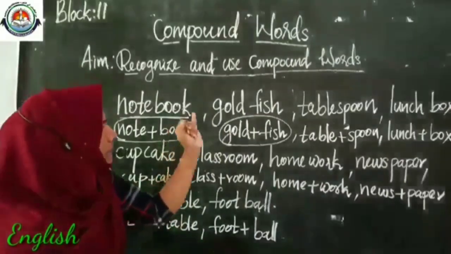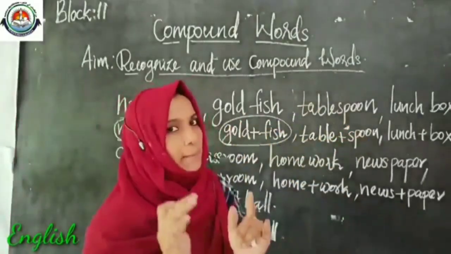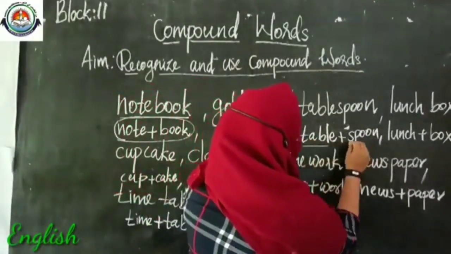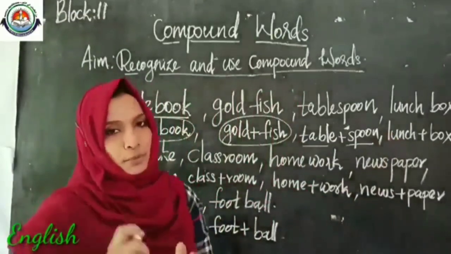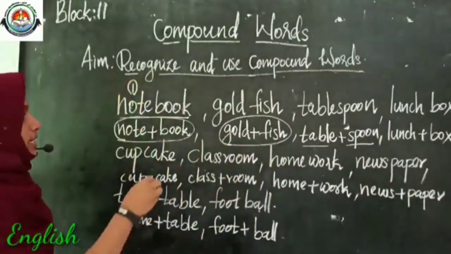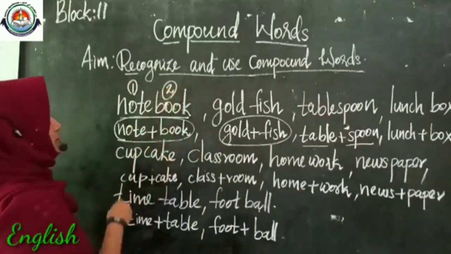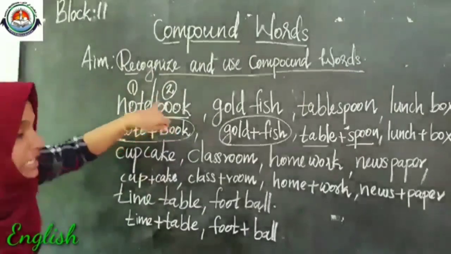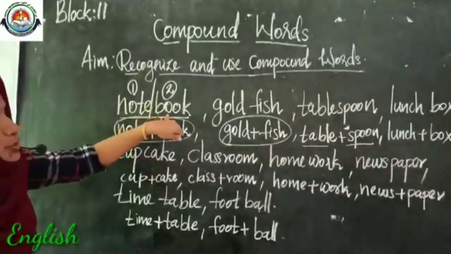Then what about the meaning of these two words? Means we can divide these words into two parts, table and spoon. Right, see here note, this is one and this is two. So we have cut, we have broken these words into two.